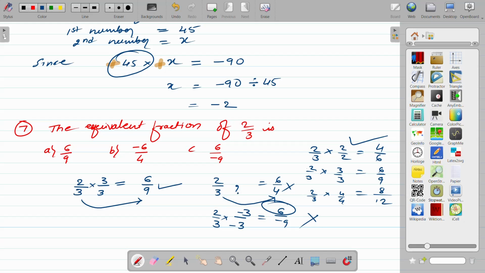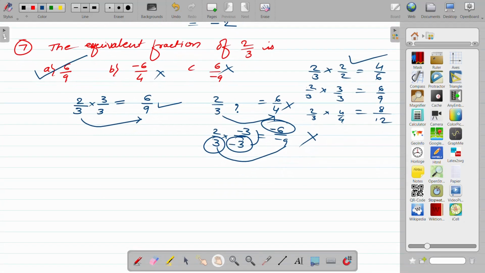It's not possible because 4 is not a multiple of 3. 3 and negative 9 are multiples, but we have to multiply with negative 3. The product would be negative of 6, but negative of 6 is not given; positive 6 is given. Because of that, option C is also wrong. Option B is wrong. Our correct option will be A. This way, you have to check. Let's do the next sum, question number 8.